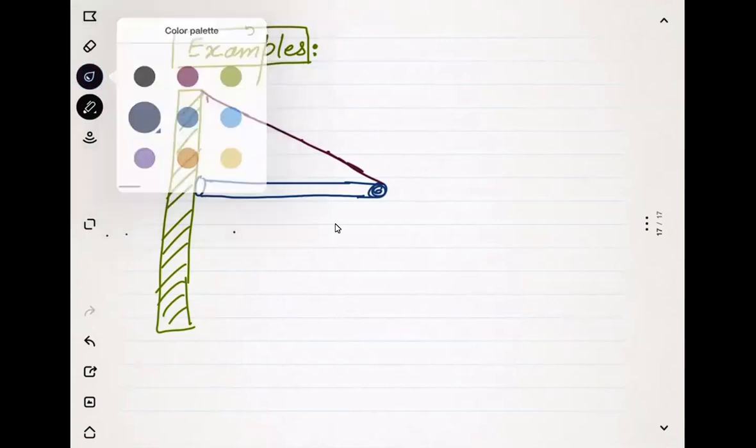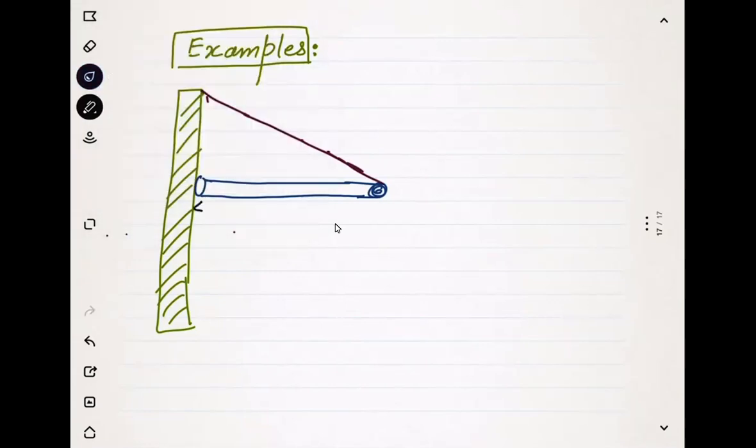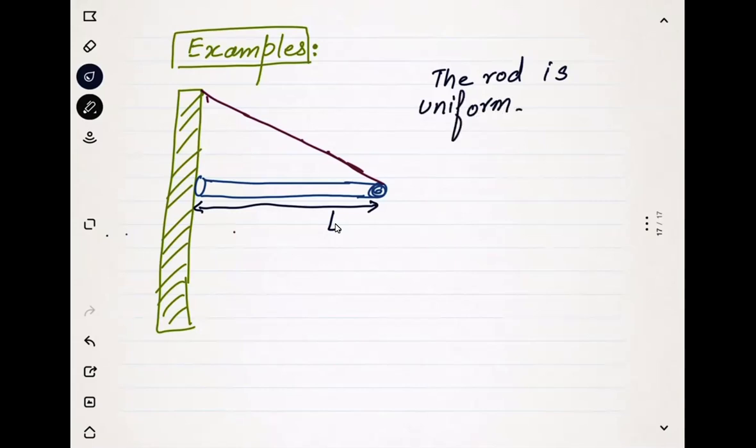The length of the rod is, just for example, L. First of all, the rod is uniform, which means that the weight will act in the center. The weight of the rod will be acting in the center.